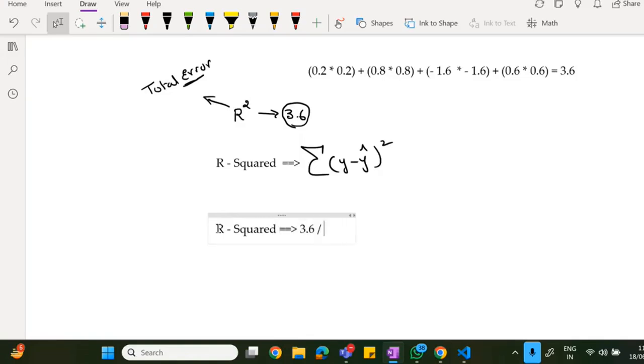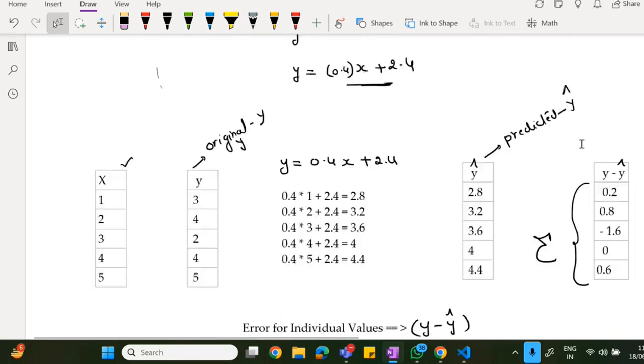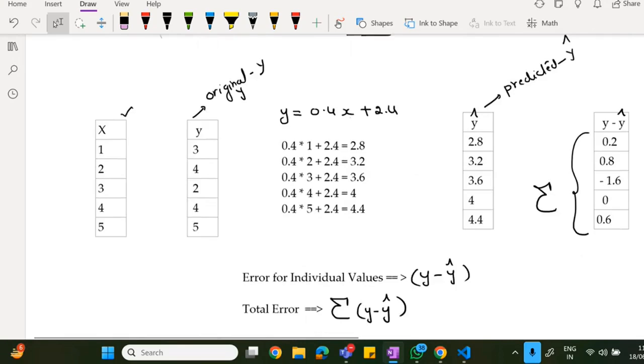Now divide it by 5, and you will get 0.72. So to each data point we are giving an error of 0.72.